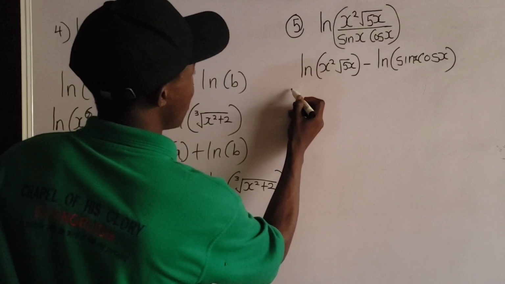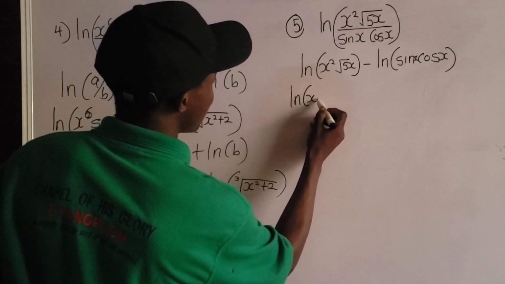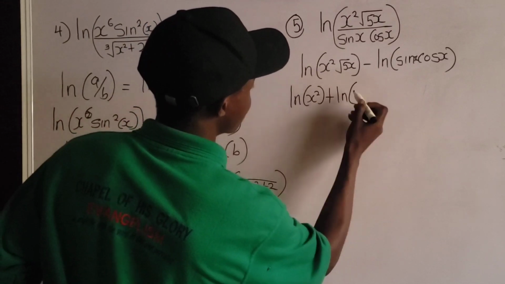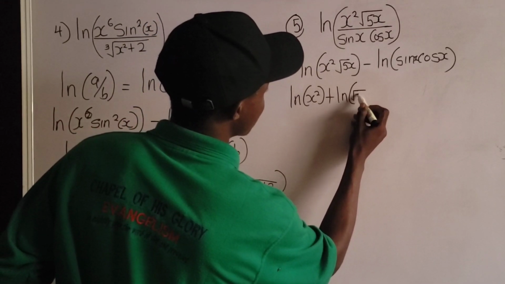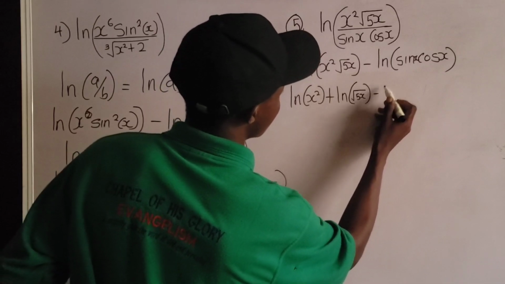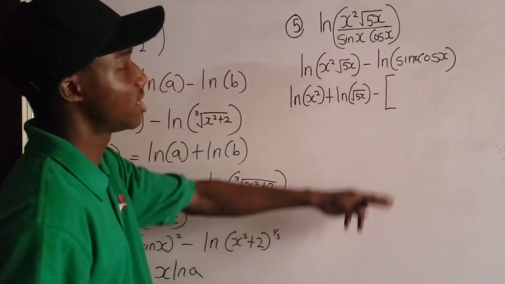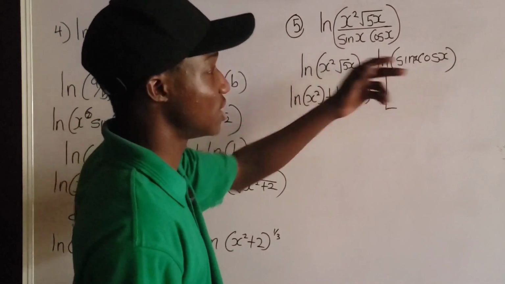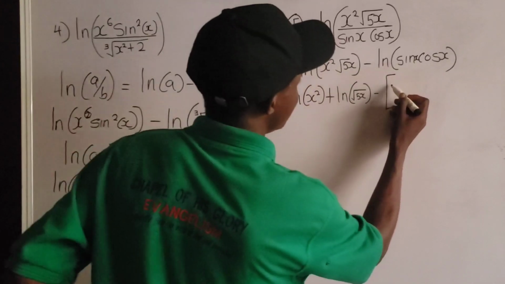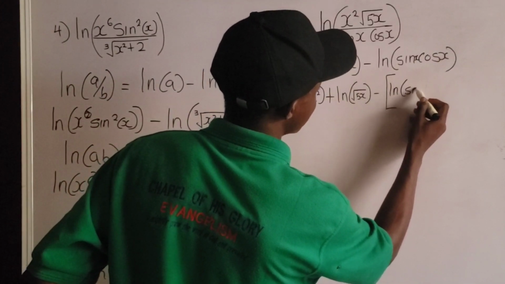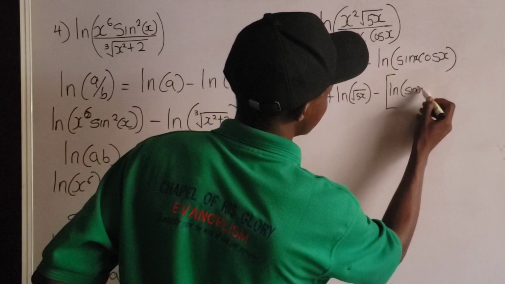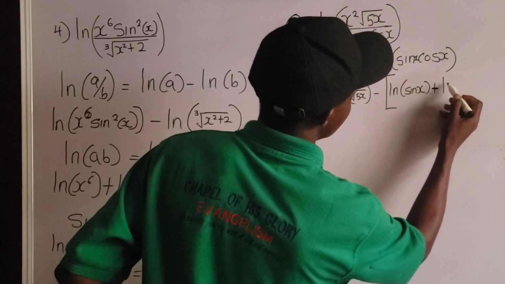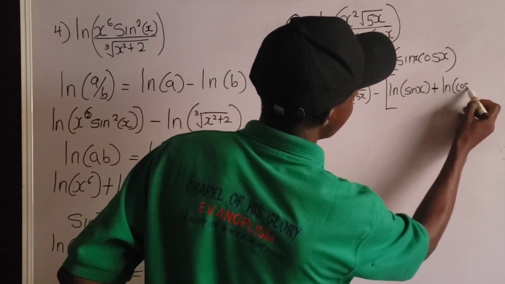So I'm going to have natural log x squared plus natural log root of 5x, minus, also you can see the sign between sine x and cos x is a product. So I can also write this as natural log of sine x plus natural log of cos x.